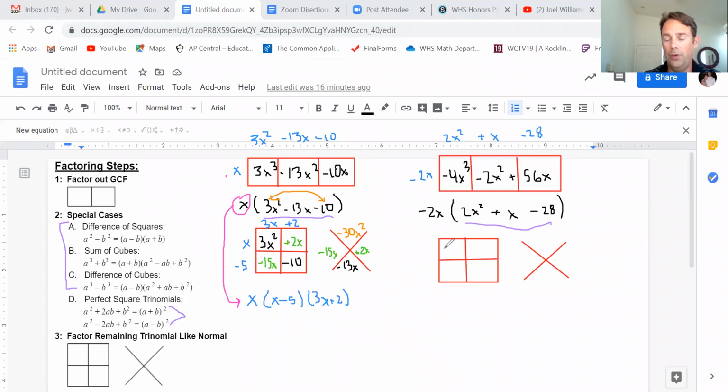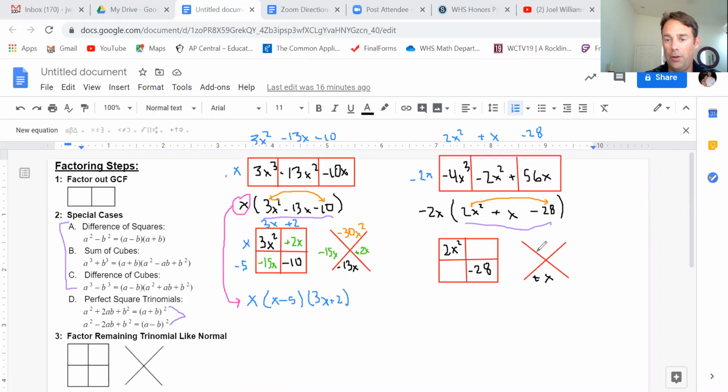All right, so I got my 2x squared here. I got my negative 28 here. Positive x. And just like we said last time, I'm going to take these two terms and multiply them together to put them on top.